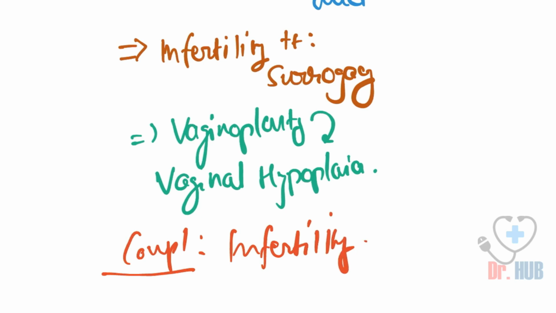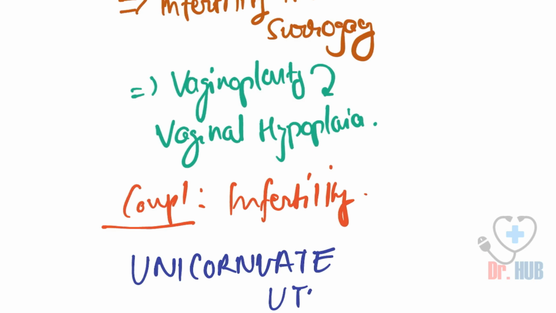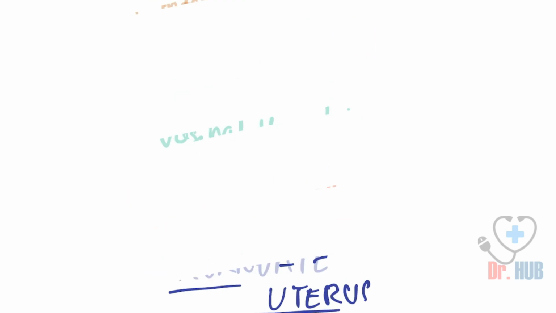Next, we are going to look at the unicornuate uterus. Firstly, we are checking the features. In the case of the unicornuate uterus, there is a non-developed paramesonephric duct.